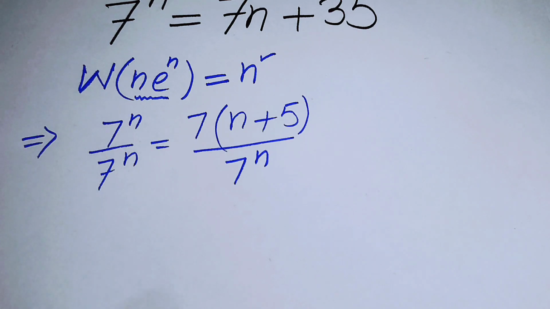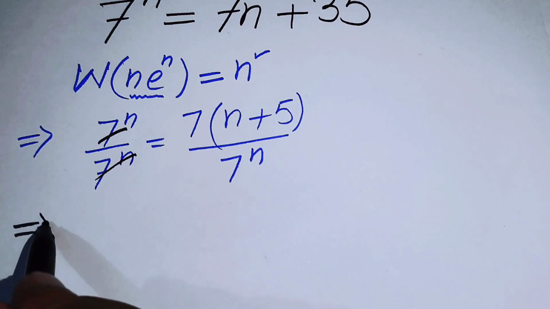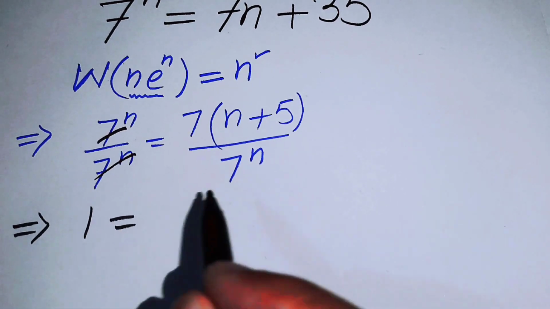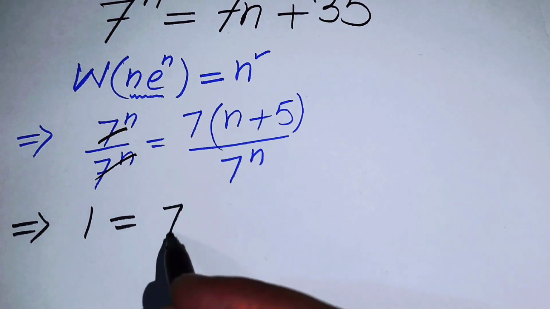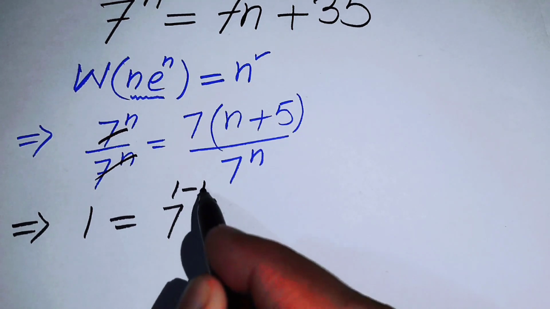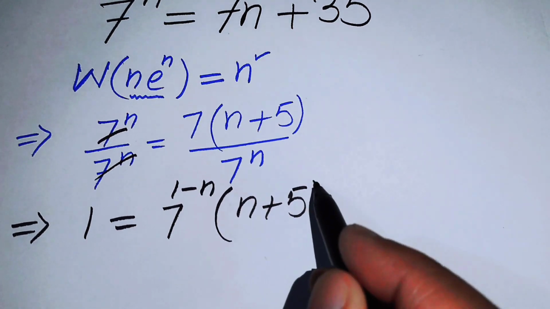In the next step, on the left hand side these two terms cancel and we get 1, and on the right hand side we move the 7 to the power of n upstairs and write it as 7 to the power of 1 minus n, into (n plus 5).